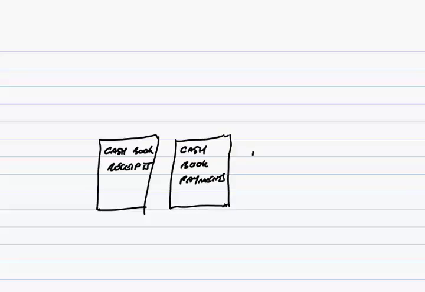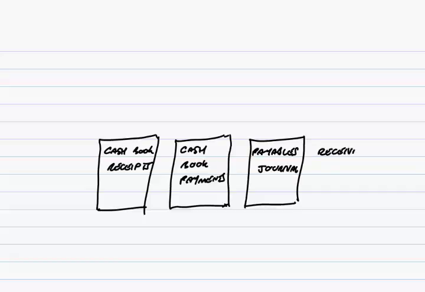We'll have a purchases or payables journal. And we'll have a sales or receivables journal. Now remember, those 4 books are simply lists.